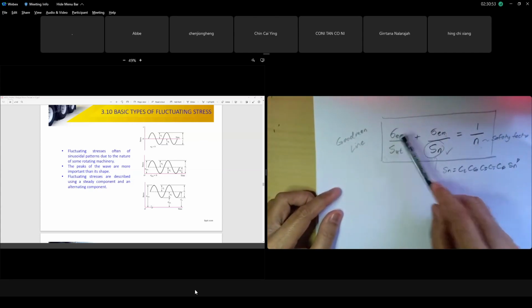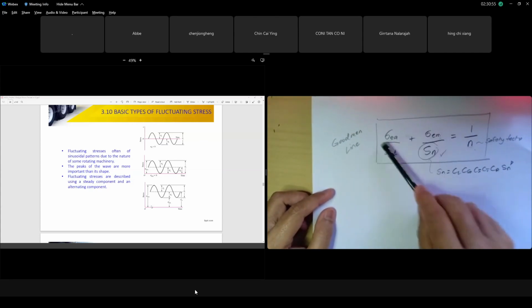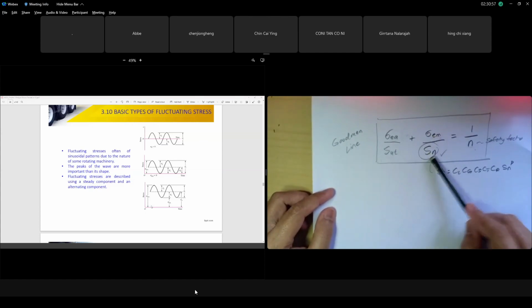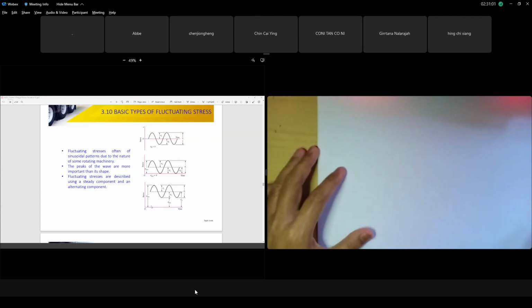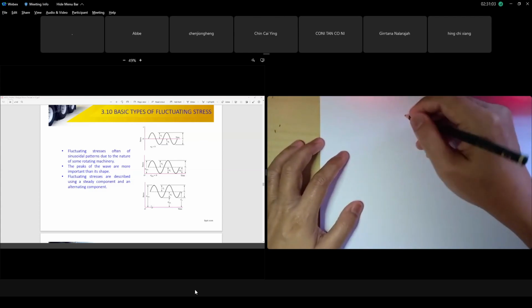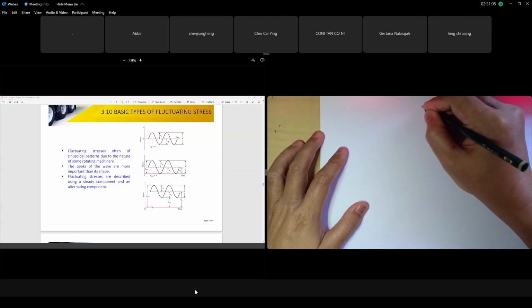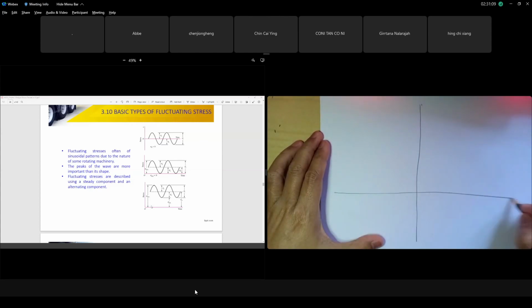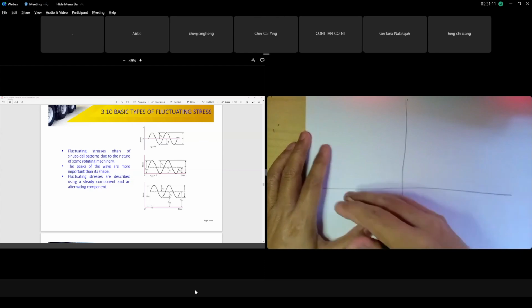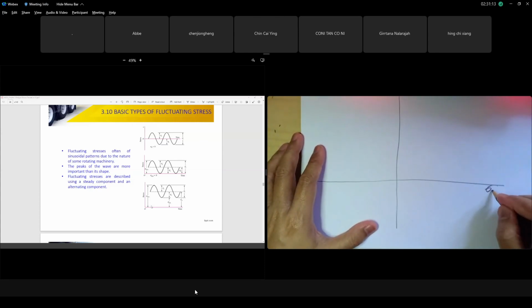Sigma equivalent amplitude over SN plus sigma equivalent mean over SUT equals 1 over the safety factor. This is why we plot. Why is it like that? When you plot sigma amplitude versus sigma mean for your case, your analysis, the x-axis is your sigma mean.